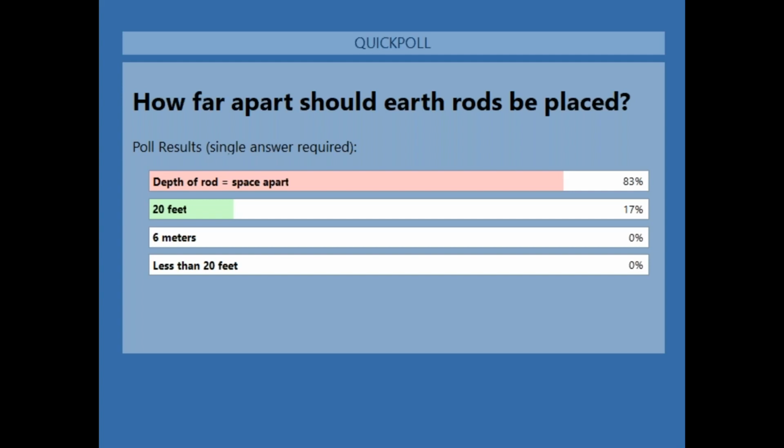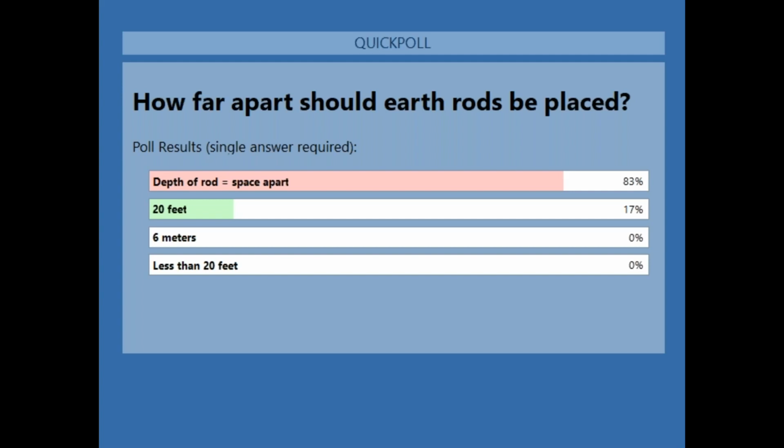Sometimes that's what you've got to do. I get that. You only have so much free space, property value, there could be electrical service lines. But for best practice, you'll want to space the rods something like the depth apart. If you get any closer, you're not really being that effective. If you go farther apart, you're also not as efficient.